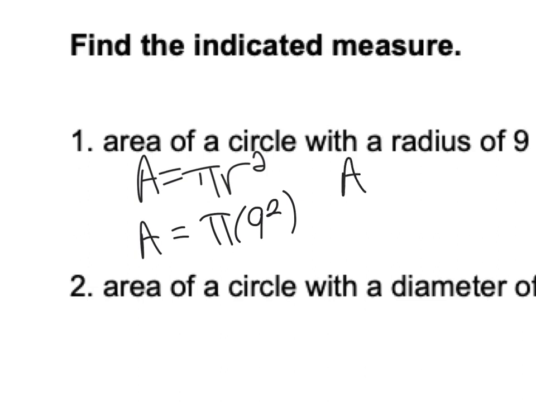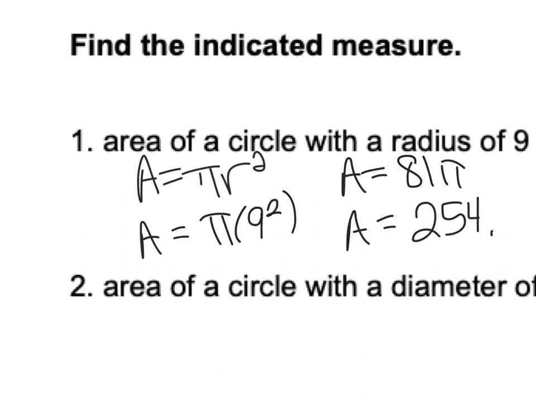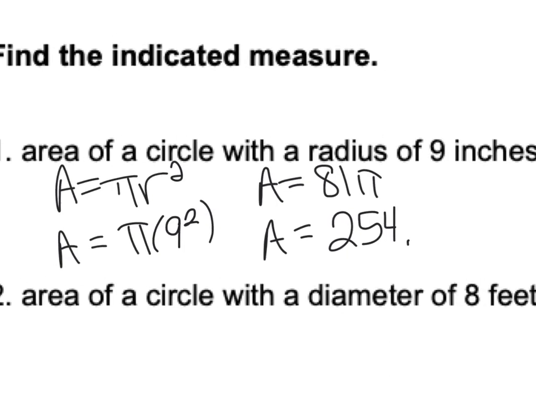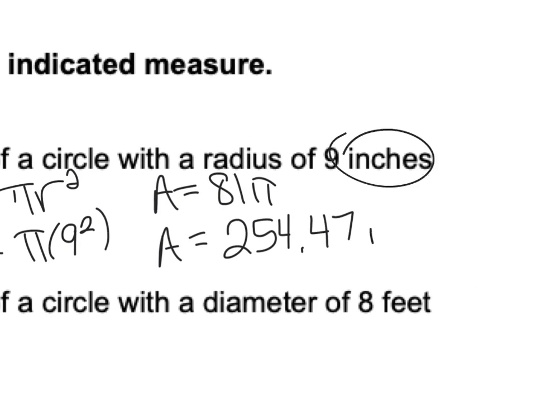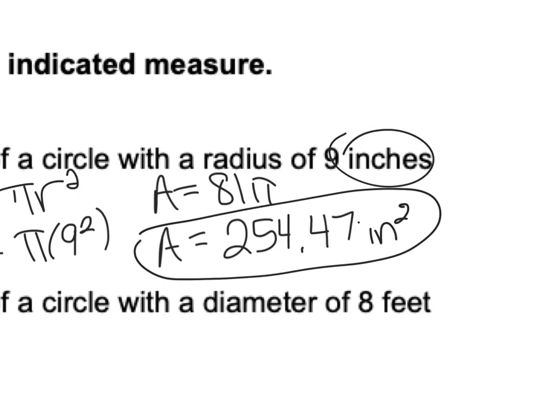So our area is going to be 9 squared, which is 81 times pi. And 81 times pi, again, we need to make sure we're using the pi button on our calculator that has the whole decimal on it. 81 times pi is 254.47, and in this case, we are in inches. And when we do area, it is labeled as inches squared because it is how many square inches will fit in there.